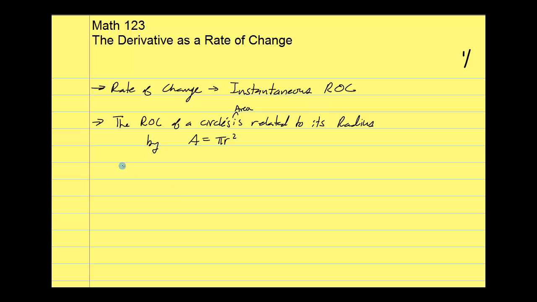So the question is this: how fast does the area change with respect to, WRT means with respect to, the radius when the radius is 5 meters?